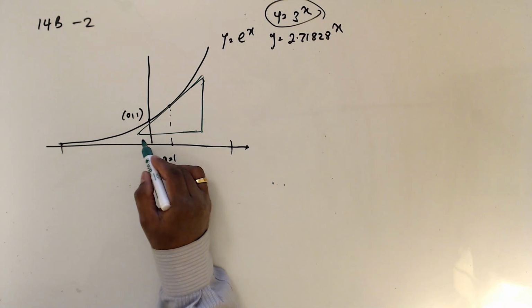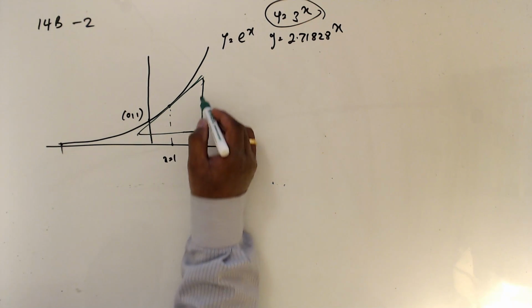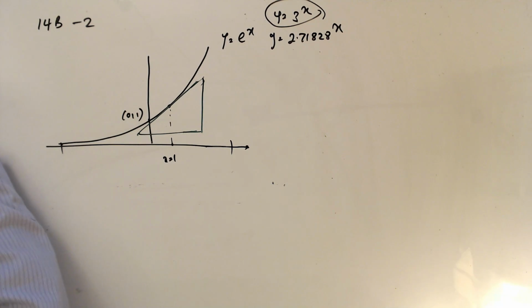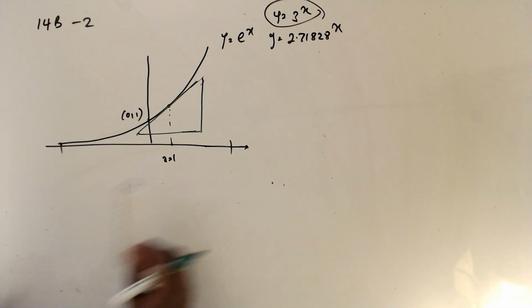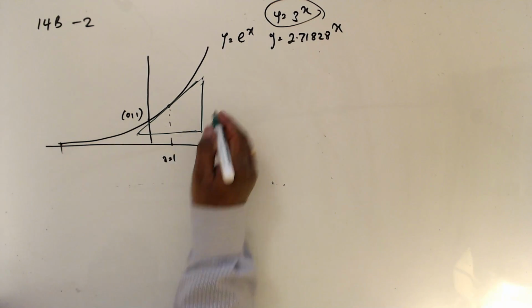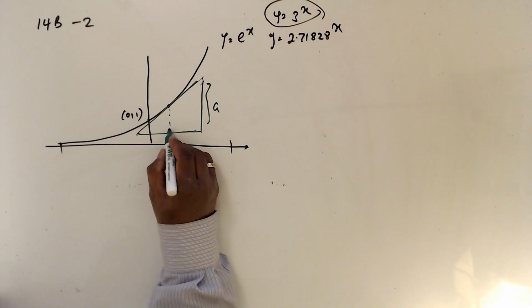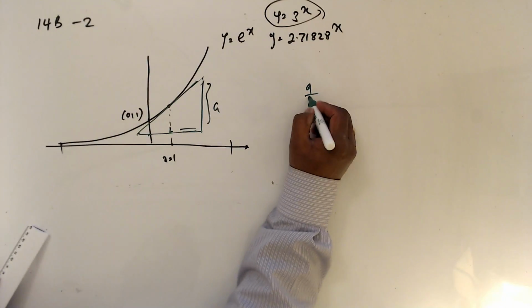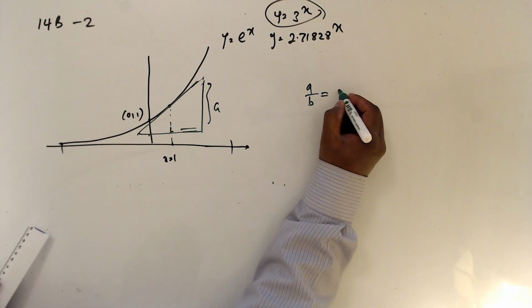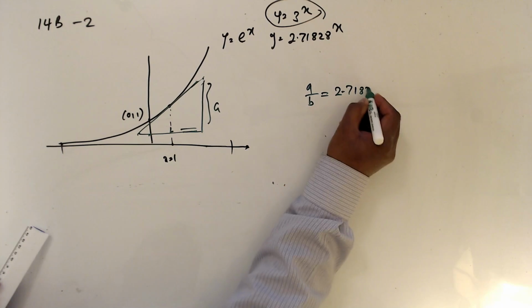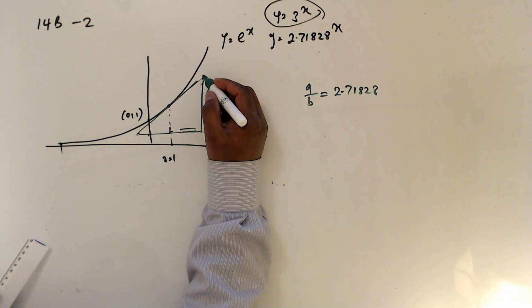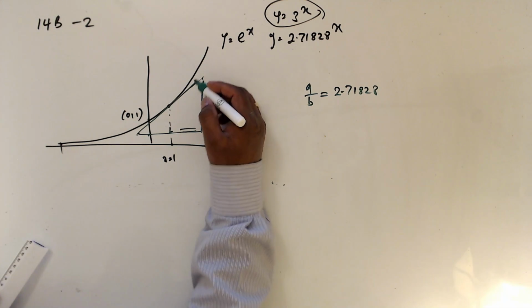How do you find the gradient? When you draw a tangent line properly, you can take a ruler, then measure this distance A and this distance B, and when you divide A by B, you will get 2.71828.